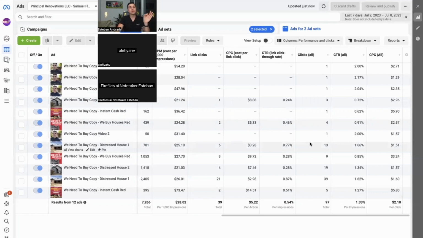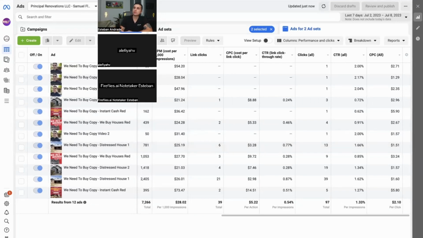But now we're noting that, writing that down, putting it somewhere in a comment, or we utilize ClickUp in order to write down that maybe something worked for a certain period of time, and we maybe want to test it. But it also gives us the idea that, look, it may be time to refresh and just shut down that ad and duplicate whatever it is that is actually working, and so on, right?